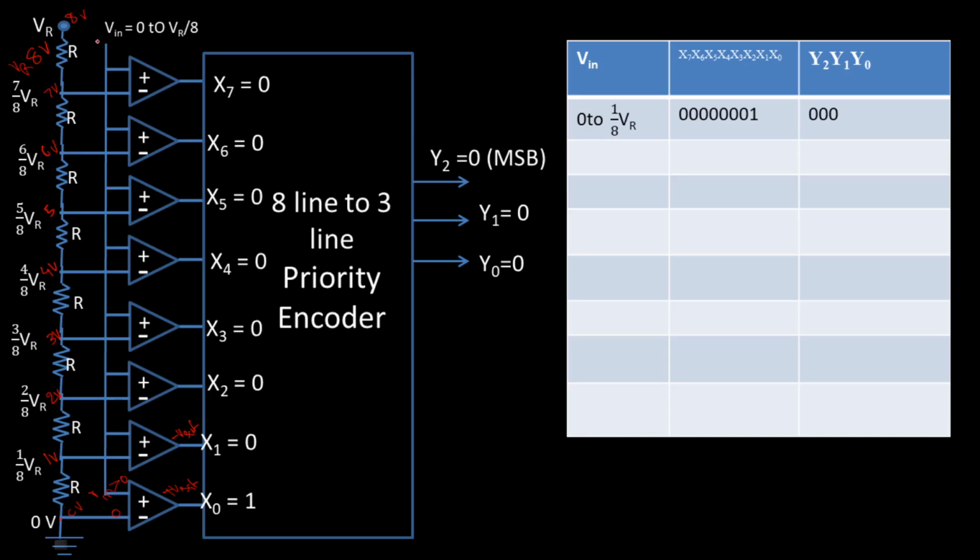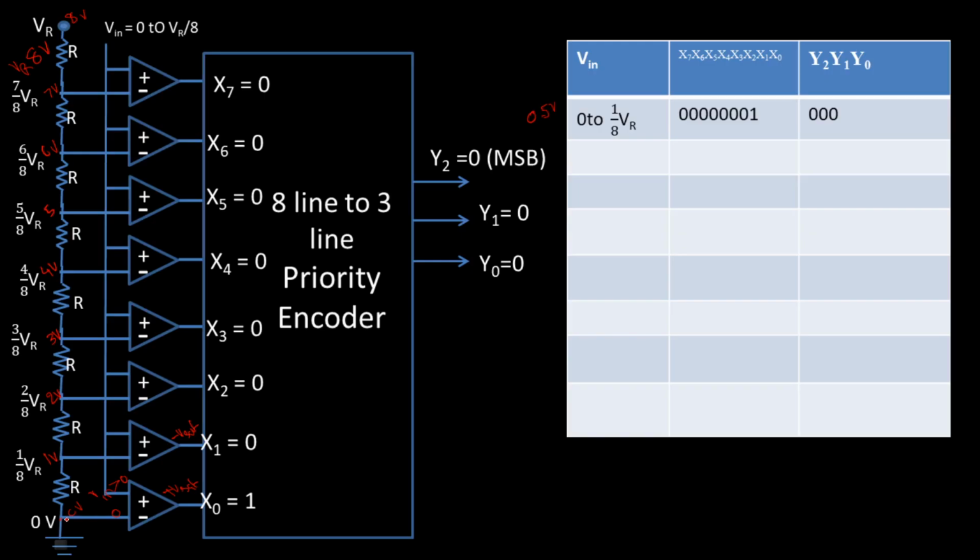We are assuming VR equal to 8 volts. Suppose Vin is 0 to VR by 8, that means 0 to 1 volt.